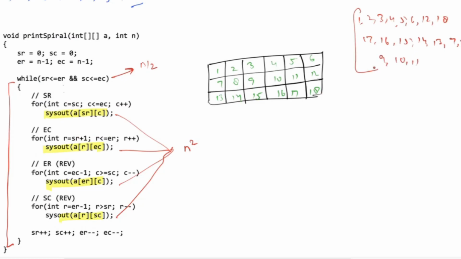This is the expected output, right? So now let's see. Initially, the starting row is here, the end row is here, the starting column is here and the end column is here.